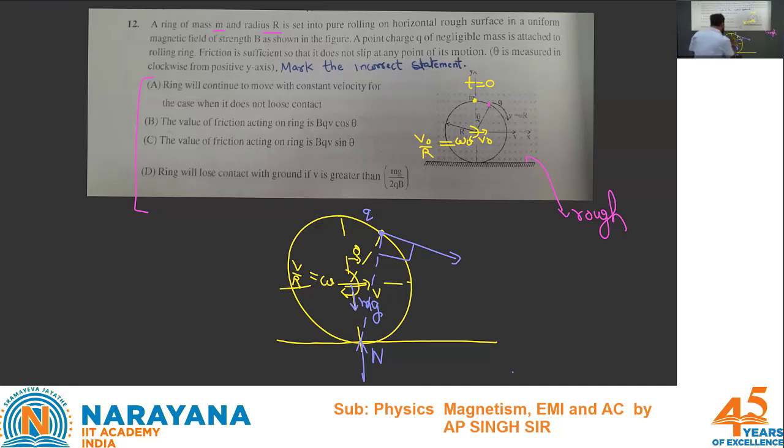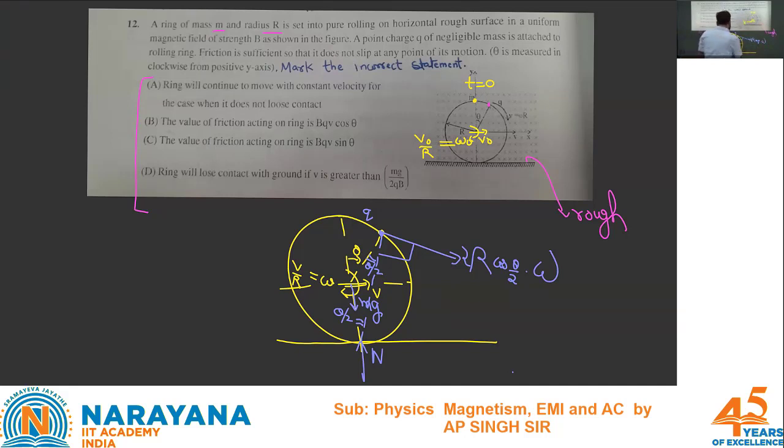And because this angle is theta, so these two angles are theta by 2. This angle here is also theta by 2. So the velocity he will have is what? It is r, 2r. So 2r cos theta by 2 multiplied by omega. That is the velocity.